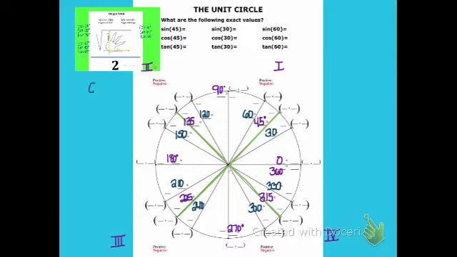So when we talk about finding the cosine, it's like finding the x coordinate of a point on the coordinate plane. So in other words, if I were to take the point here that's at 30 degrees and I wanted to find the cosine, it would be the same as the x coordinate. And the sine would be the same as the y coordinate.